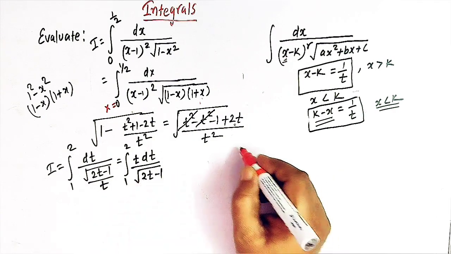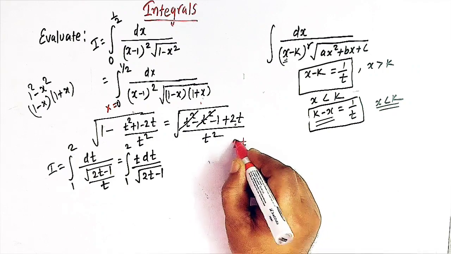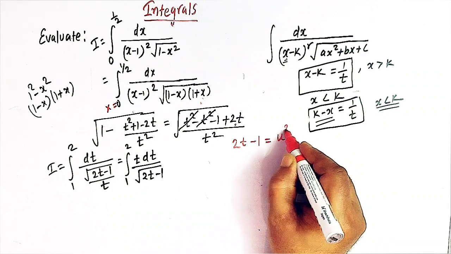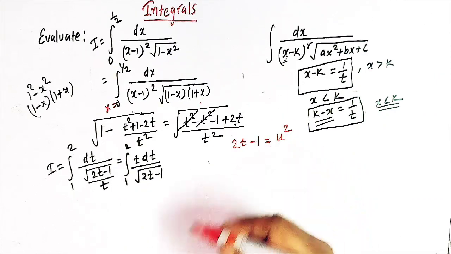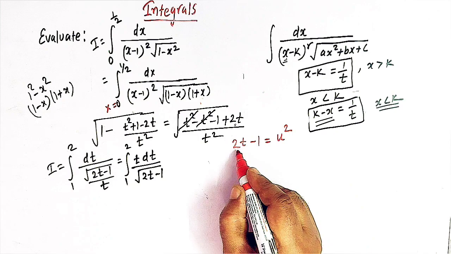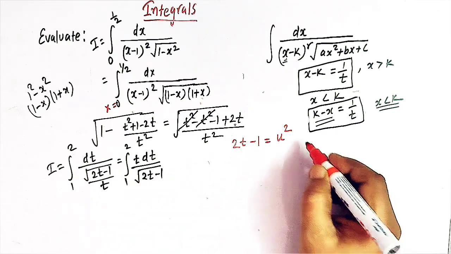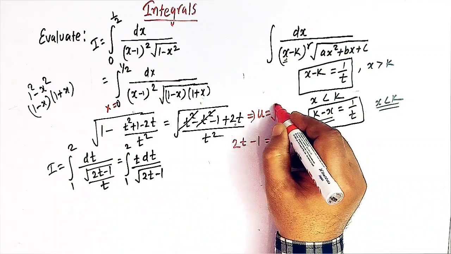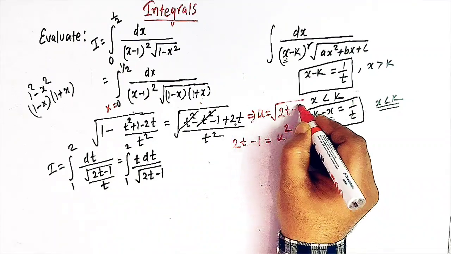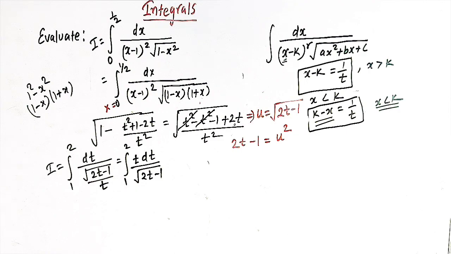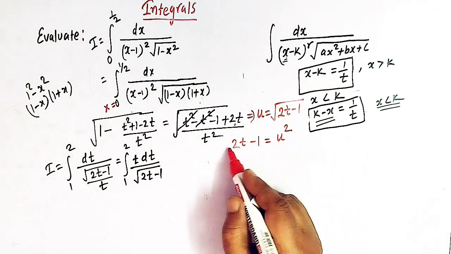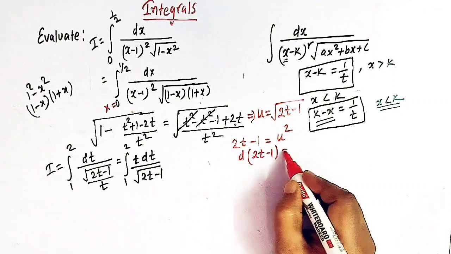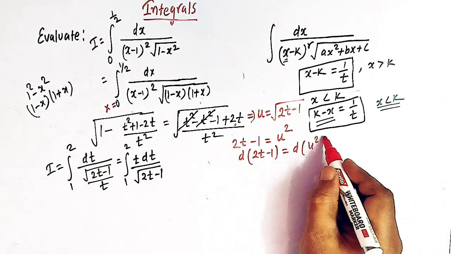So now let us take 2t minus 1 is equal to say u square. So here we are introducing a new variable. So u square may be taken as 2t minus 1, which implies that u is equal to square root of 2t minus 1. So now differentiating both sides, we have d of 2t minus 1, here we have d of u square, right?